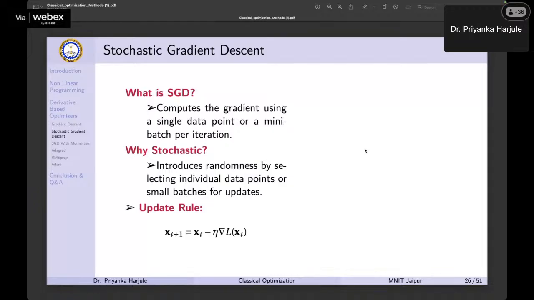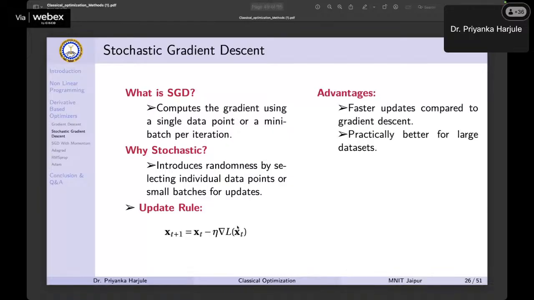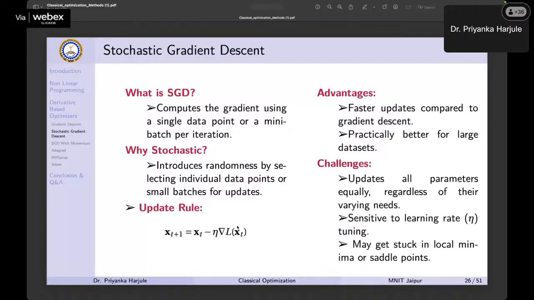Simple gradient descent is also referred to as vanilla gradient descent in many neural network problems. So the update rule remains the same. The only difference is that it is applied on a mini batch of the data points. The advantage, as I said, is that it converges faster and is practically better for larger data sets.